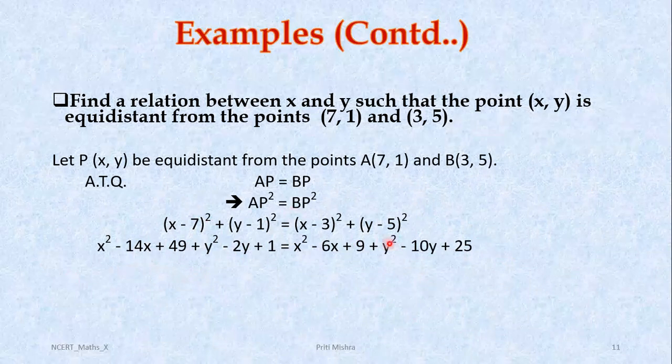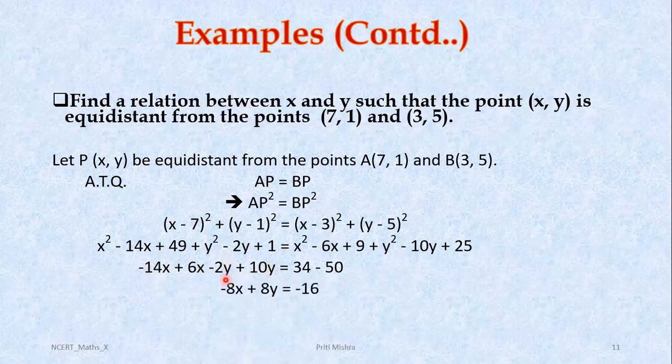So after solving this equation, we will be left with minus 14x plus 6x minus 2y plus 10y is equal to 34 minus 50. So these two terms will get cancelled with each other, and these two with each other. So at last we have minus 8x plus 8y is equal to minus 16.